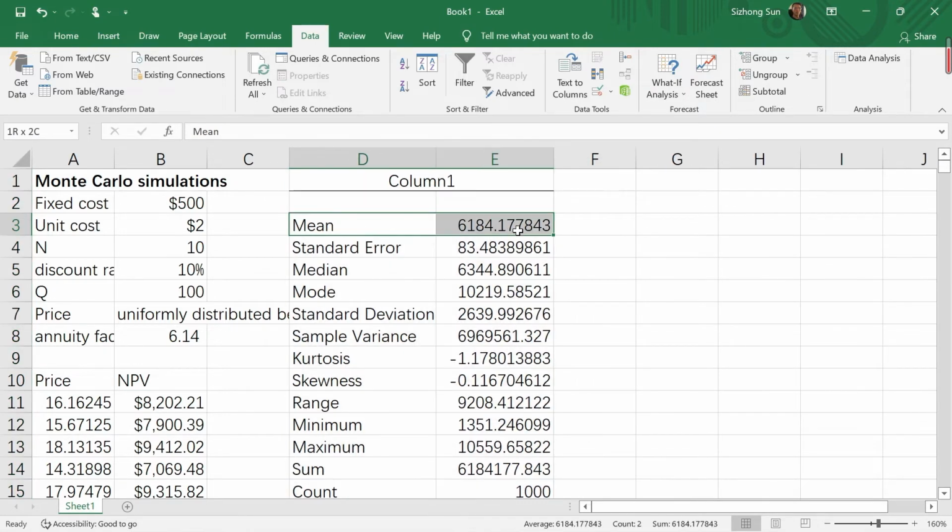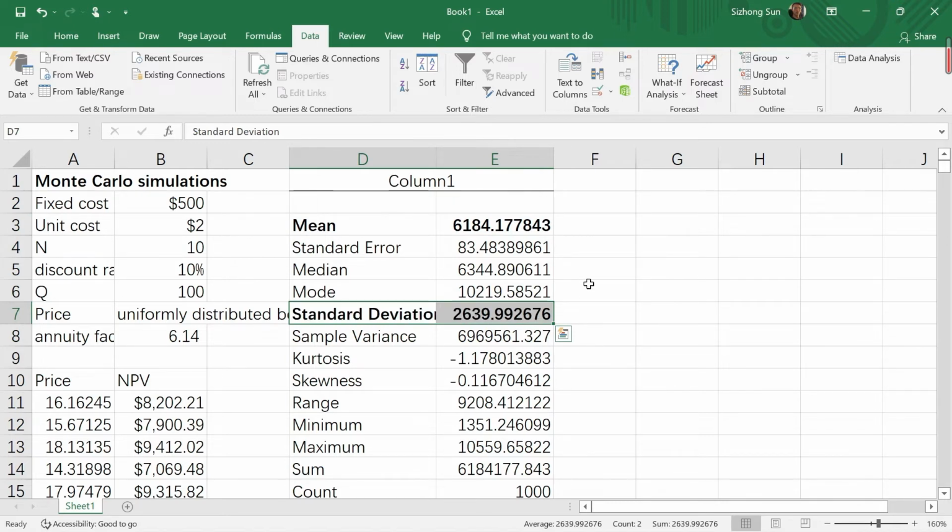So the mean, the average, is $6,184.70. The risk, the standard deviation, is $2,640.